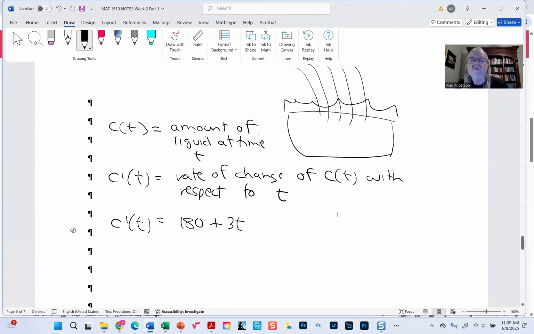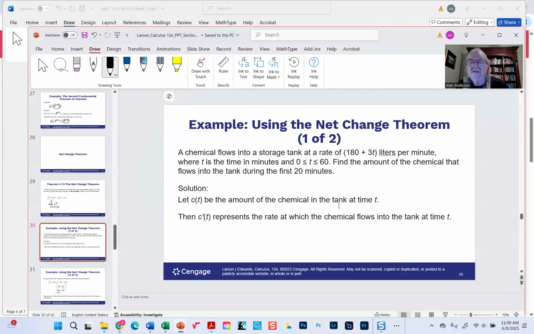Let's just take care of this now. So what they want to know is, this is only defined over the interval from 0 to 60. I guess when we get past that point, we turn the water off. Okay. They want to know how much water is in the tank after 20 minutes.